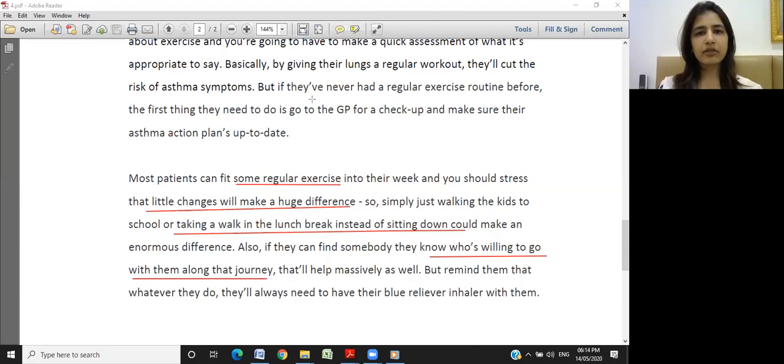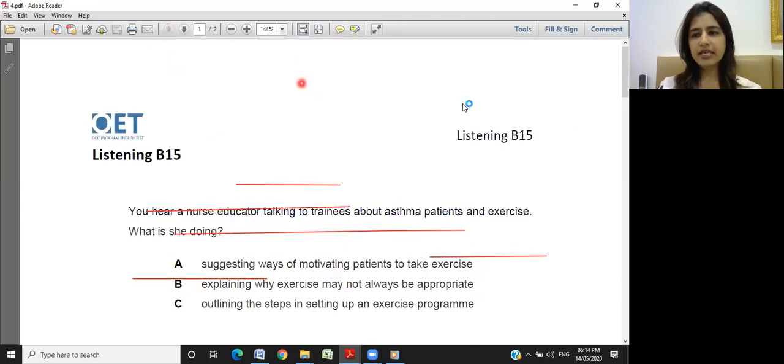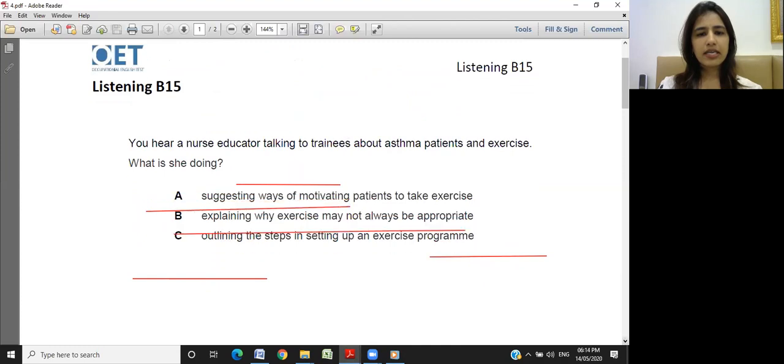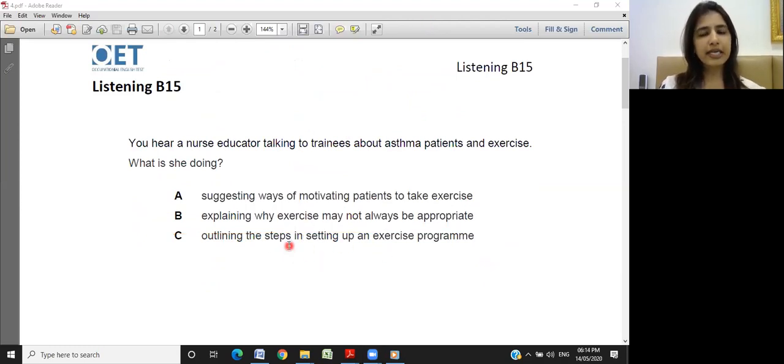And the most important criterion that we had decided, if this answer is correct, is that they may be discussing what points are to be considered when setting up an exercise program, depending on their age, depending on their PEFR level.